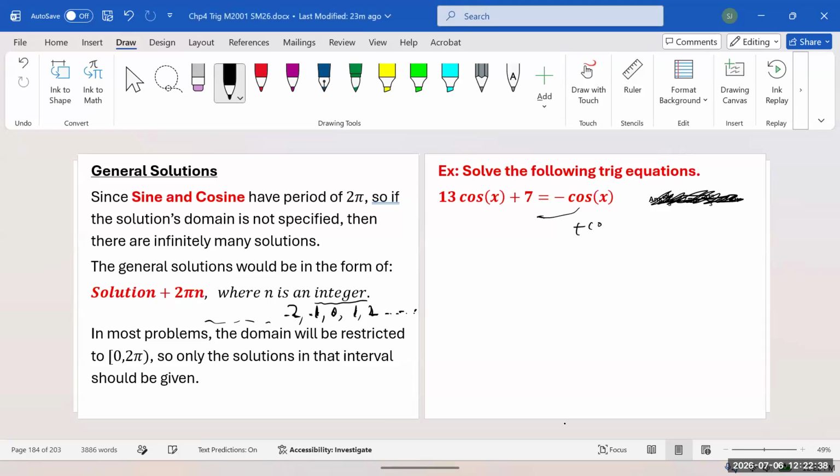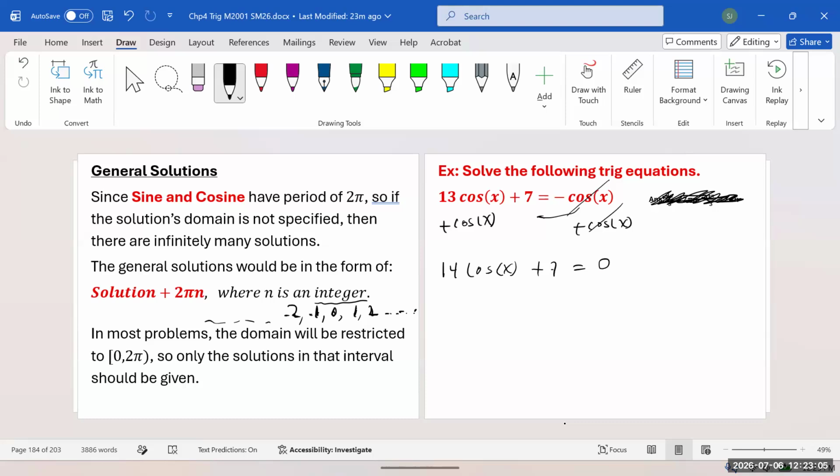So we are going to add cosine x to both sides. Before we had 13 cosine, now we are adding one more cosine. So how many cosines do we have? 14 cosine x plus 7 equals 0.